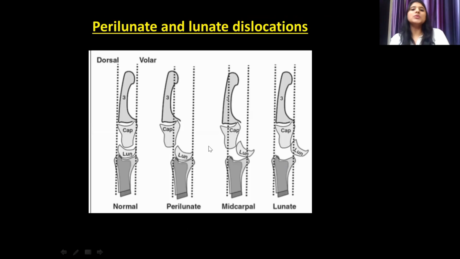Now coming to perilunate and lunate dislocation. In a normal lateral view, as I described earlier, the third metacarpal, the capitate, the dorsal surface of the capitate, the lunate, and the distal radius are all along the same line. And when this collinearity is disturbed, then there can be a spectrum of findings.